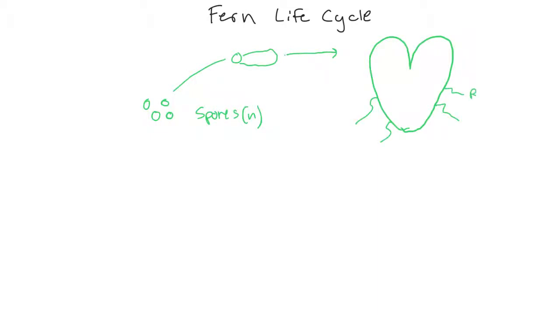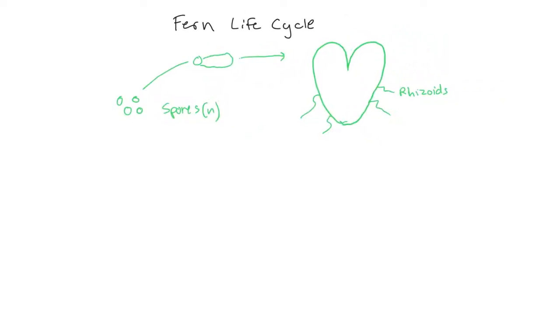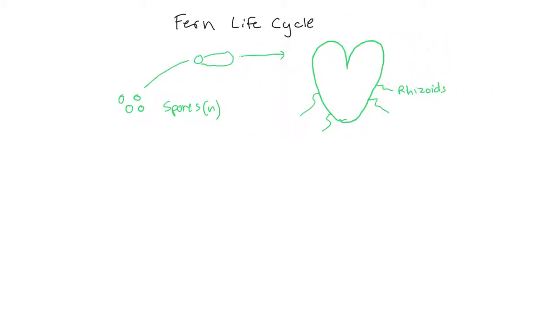It has these rhizoids, which implant into the ground. And then they are homosporous, which means they have, within the same gametophyte, what is the thing before?